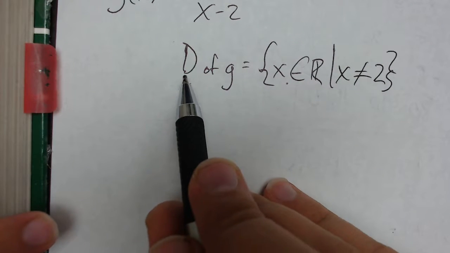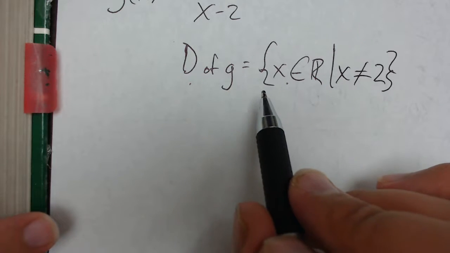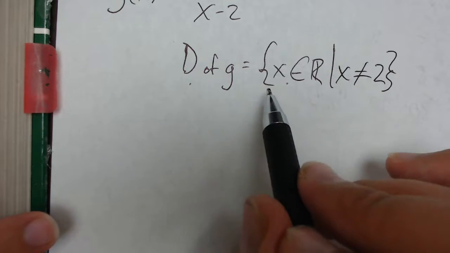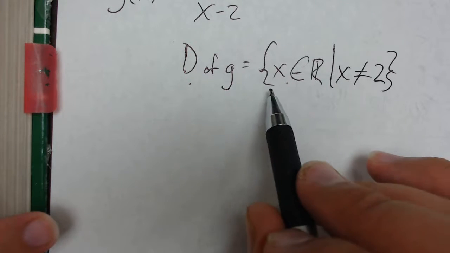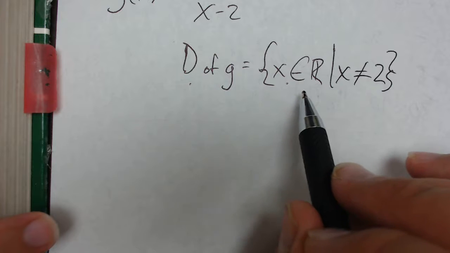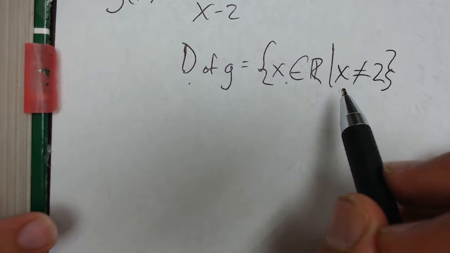So just write D of function G equals the set, and we signify a set by using braces. So brace, and then we put a criteria. X can be all real numbers. It can be anything positive, anything negative. It can be decimals, etc., as long as it is not 2. And that's the end of our domain.